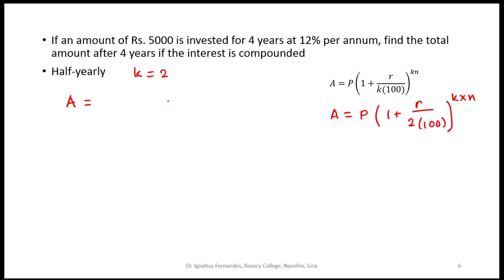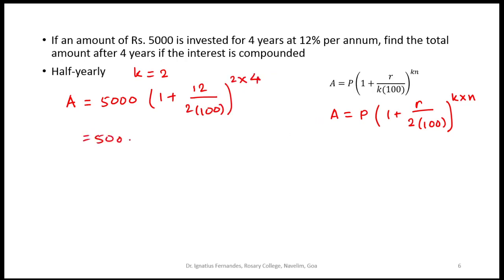We just substitute these values here. P is equal to 5000, into 1 plus R is 12 upon 2 upon 100, raised to 2 into n, which is 4 years.